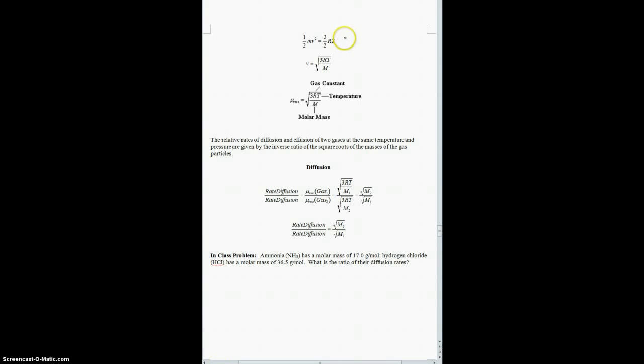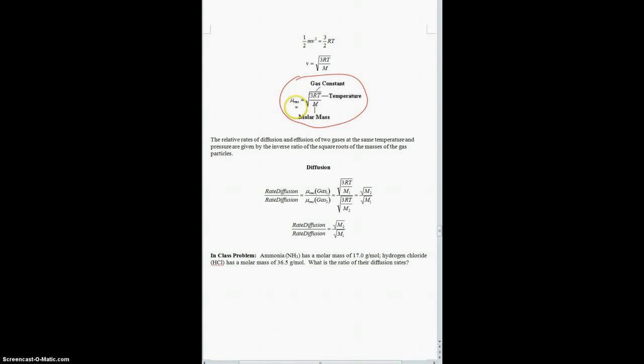If you scroll down to the next page, if you set those two equations equal to one another, this is what you should get. And if we isolate the velocity, this is the related equation, and this is the equation we're most concerned about using in terms of gases for the AP.